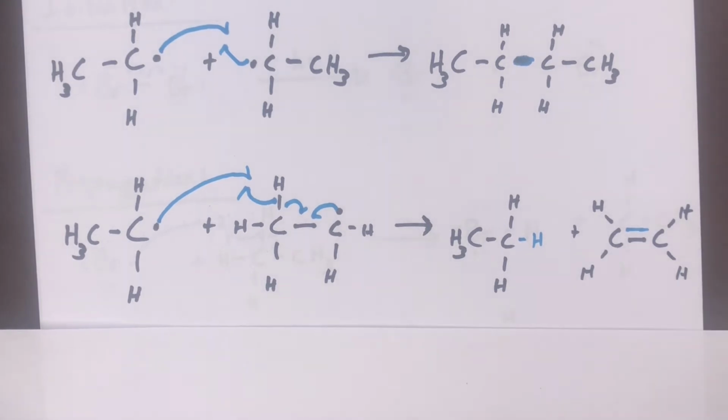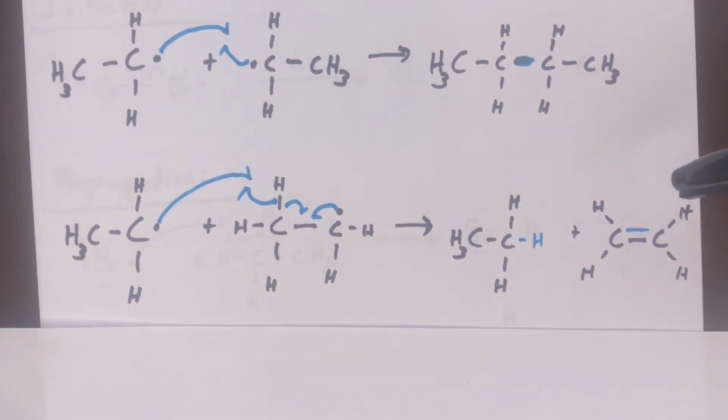It may want a specific termination step. Usually the initiation step is going to be the same, so you just have to pay attention to what is clearly being asked. But the important thing to focus on is that you're going to create a radical in the initiation step, which requires energy, and then that radical causes a chain reaction to get all the way down to the product and these multiple termination steps.